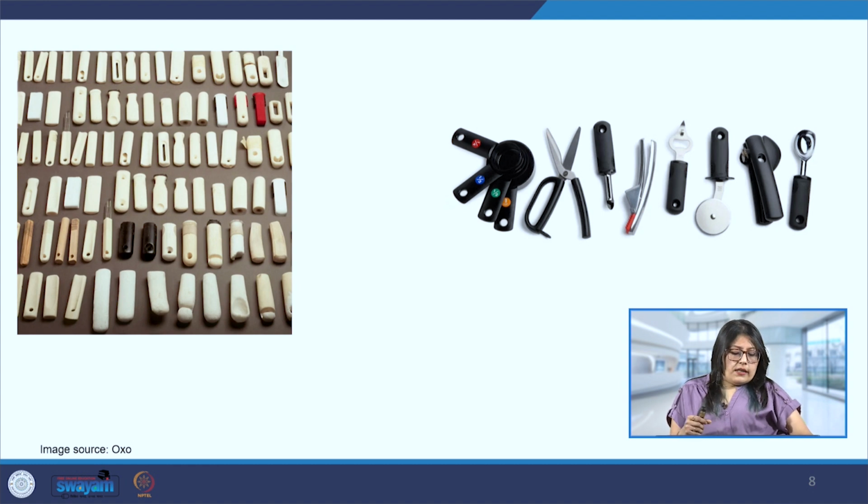And since 1994 or 1995, the products are also displayed in MoMA, which is the Museum of Modern Art. So that was the importance of this particular peeler, that it quickly became a very popular product to be used by people all around.